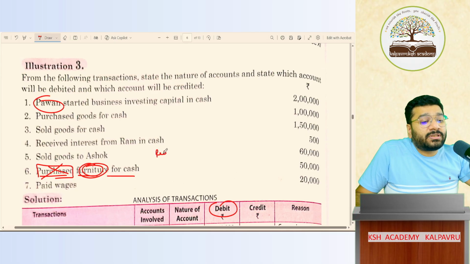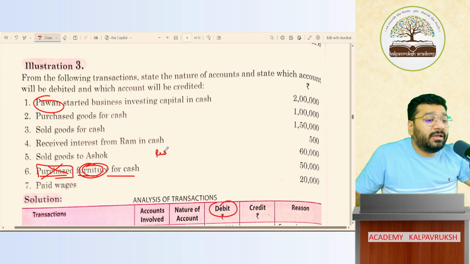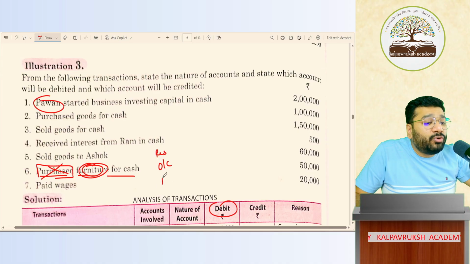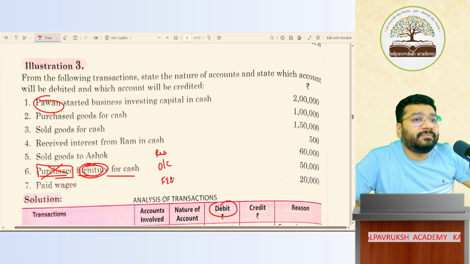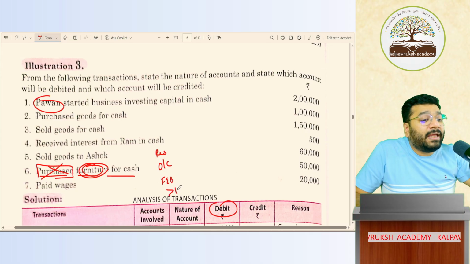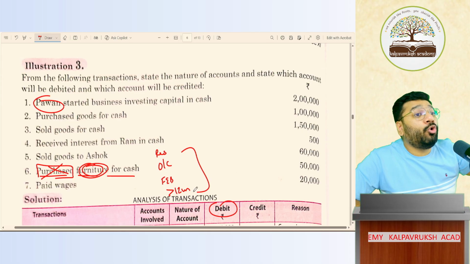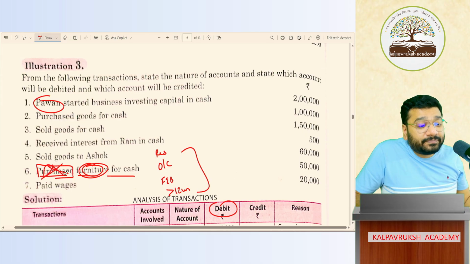Furniture is a resource. I'm going to use it in my business. This furniture, I either own it or control it, and with this, I will generate future economic benefit. And this benefit will come to me for more than 12 months, more than 1 year. Since all these conditions are satisfied, furniture is asset. So I need to open asset account, not purchase account.